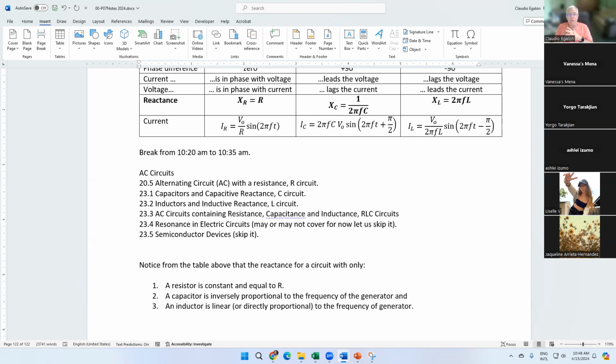And that's what resonance in electric circuits is all about. The above is important when we want to reach resonance with an AC circuit. This is very important in telecommunications.